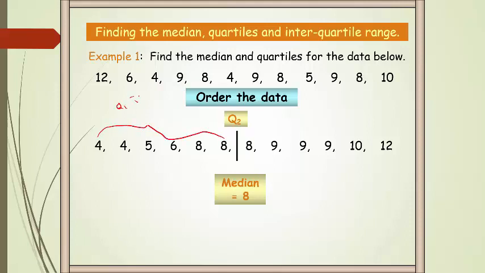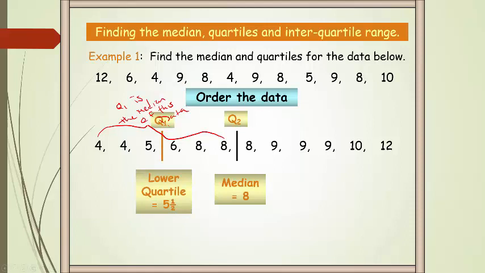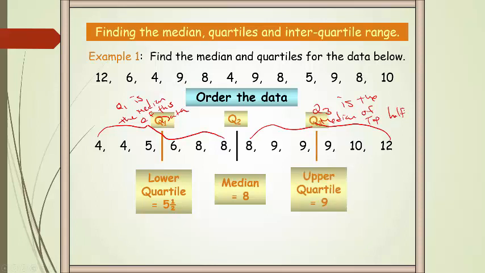Q1 is the median of this set of data, and you can see the first quartile falls between 5 and 6, so it's 5.5. Then the third quartile is the median of the top half, and you can see the median falls right there between 9 and 9.